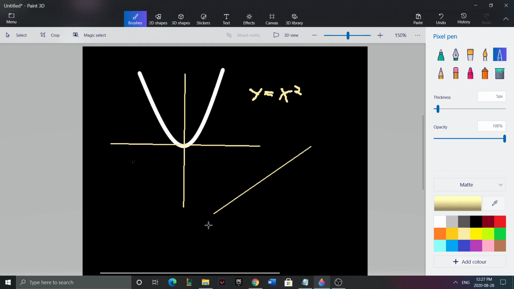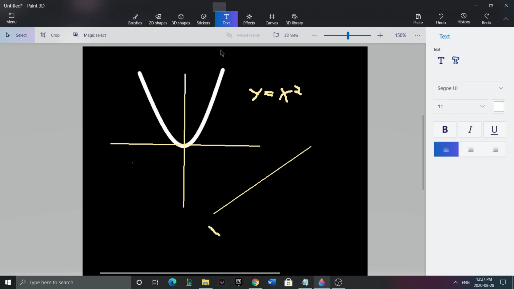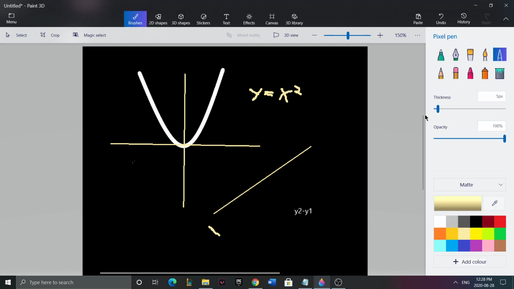You could use the formula y2 minus y1, all over x2 minus x1.